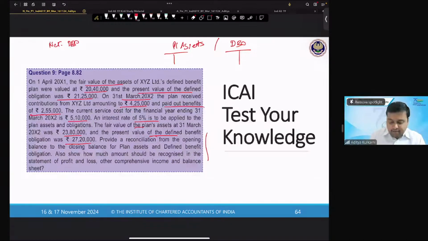Will I have this benefit paid out appearing here? Answer is no. Because how will you show it? One side obligation goes down, one side asset goes down. Either you show debit credit of same value on both the sides, or you don't show it. It's one and the same. So treatment is one and the same. Okay, so that is how you are going to do this.